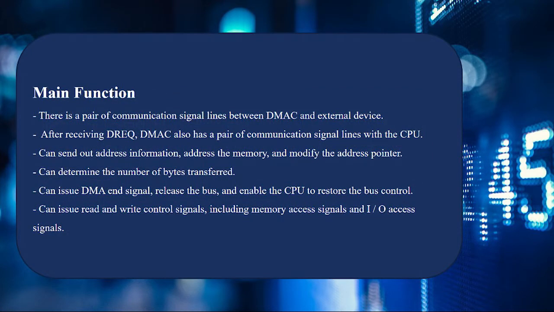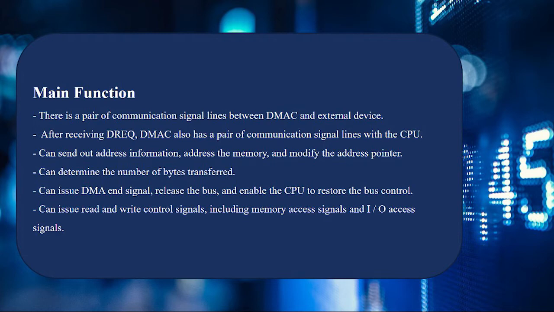The main function is a pair of communication signal lines between the DMAC and the external device. The DMA requires the signal DREQ of the external device and the DMA response signal DACK issued by the DMAC to the external device.